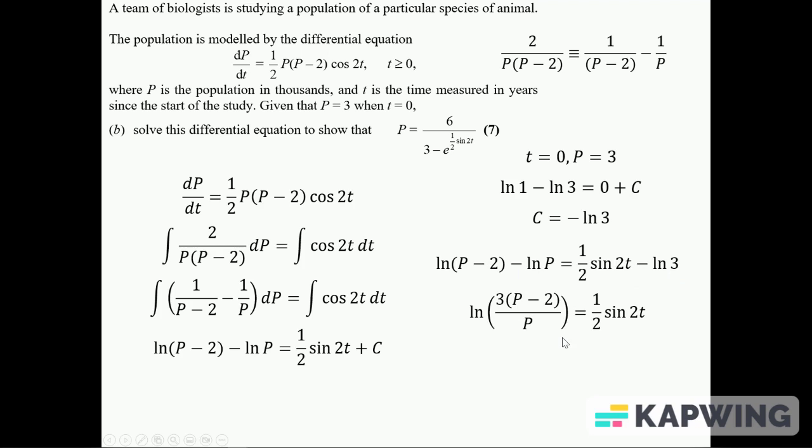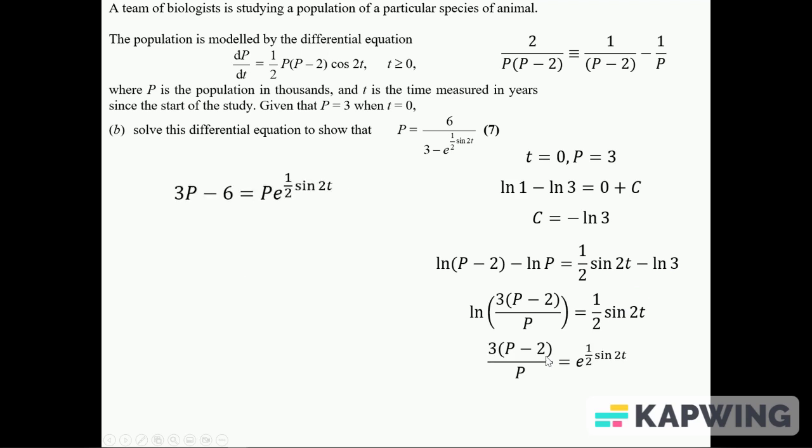I can e both sides then to get rid of the ln's, and they look like this. If I multiply by the p, because I don't like this fraction, and multiply the bracket out because I want to isolate the p, get the p on its own, it looks like this.